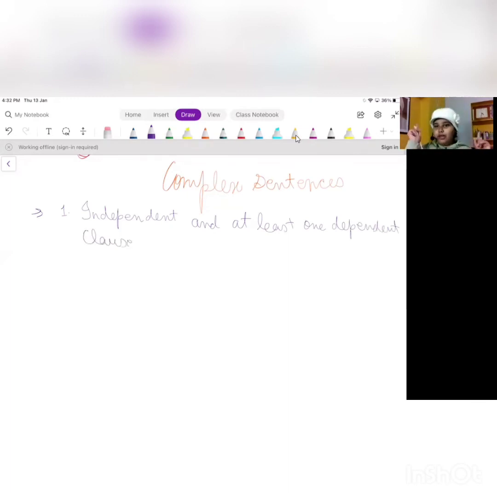First thing, very important: independent clause. यहाँ पे कम से कम एक डिपेंडेंट क्लॉज होना चाहिए. एक डिपेंडेंट क्लॉज and at least one dependent clause.